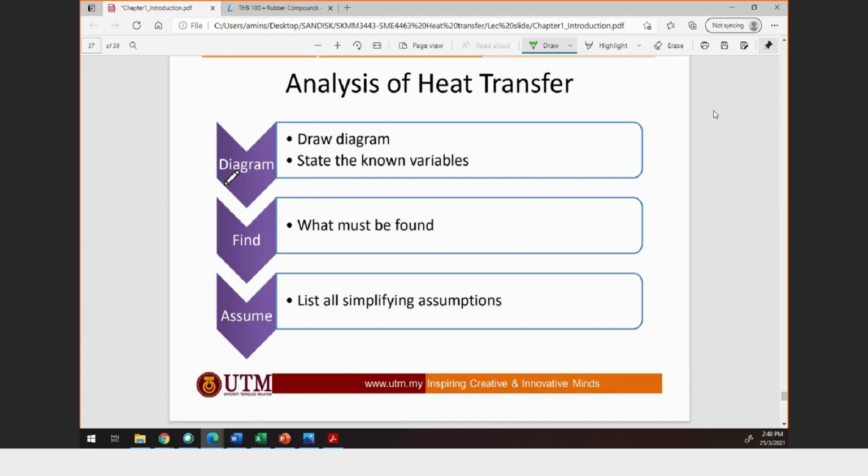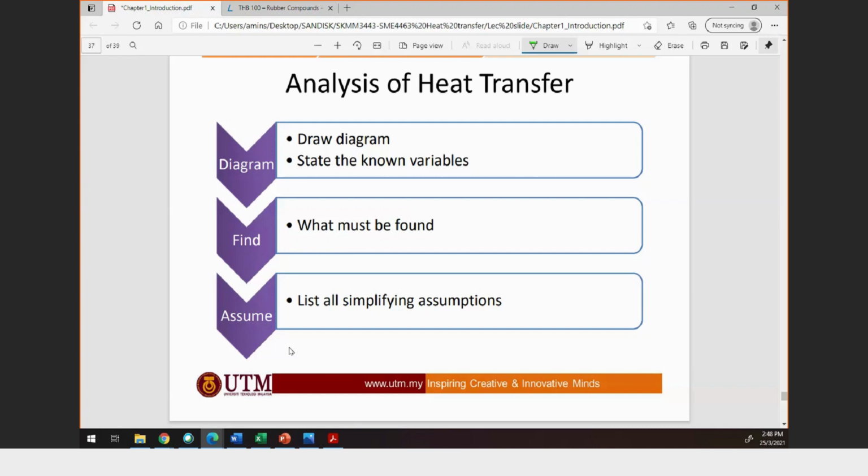So you need to draw the diagram to understand the problem better, and then you need to understand what you need to find, and then list all the simplifying assumptions.